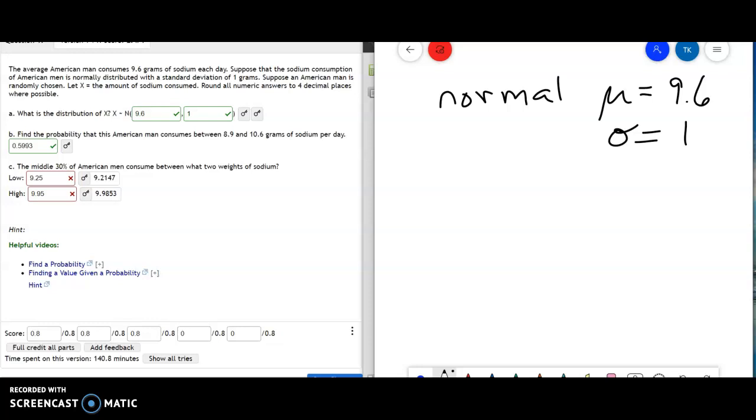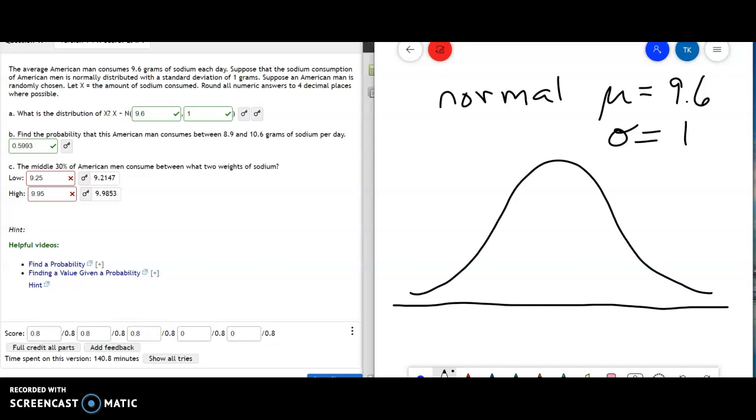Because this is a normal curve, we have this picture in our mind, our bell curve, and we know it's perfectly symmetrical. Dead center is whatever your average is, which in this case is 9.6. Okay, so far so good.